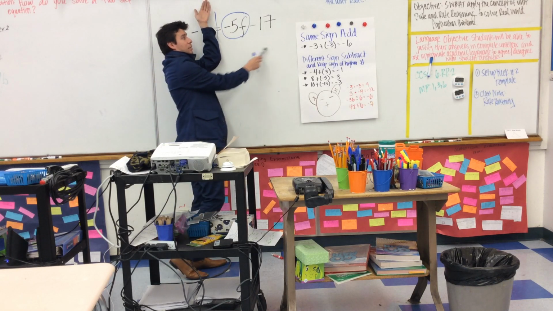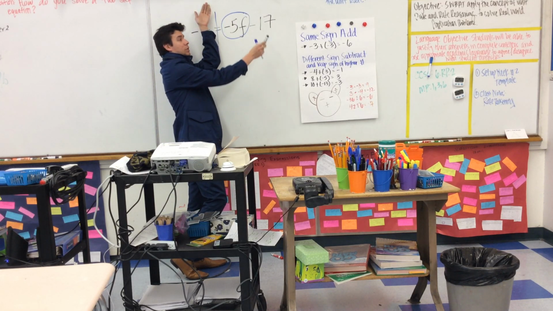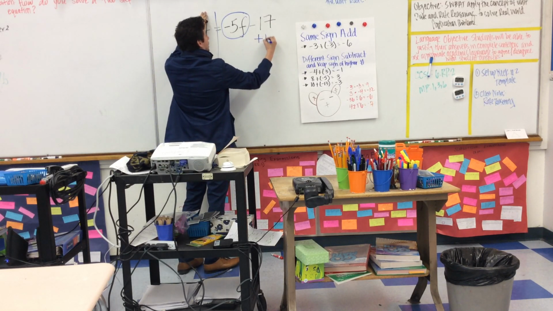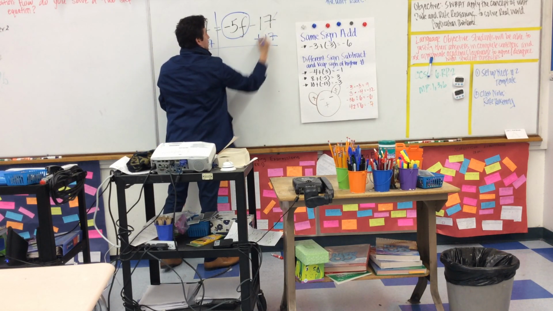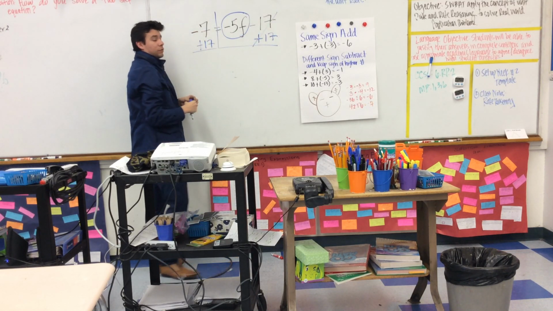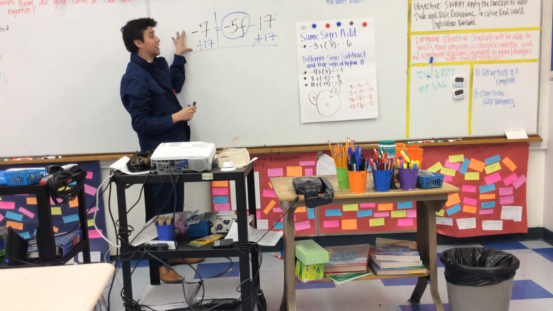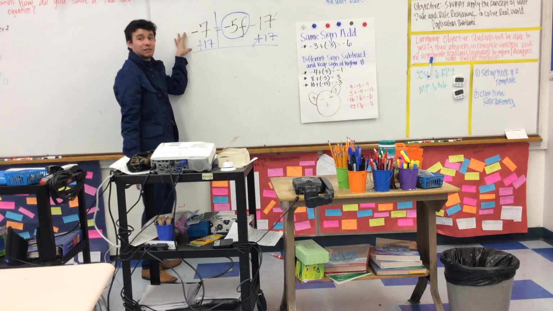So who is not inside the bubble here? Well, it's the -17. So what's the opposite of a -17? +17. So I'm going to do +17, +17. These cancel out. Now you have to be careful here. You have -7 plus 17. Do you have the same sign or a different sign?